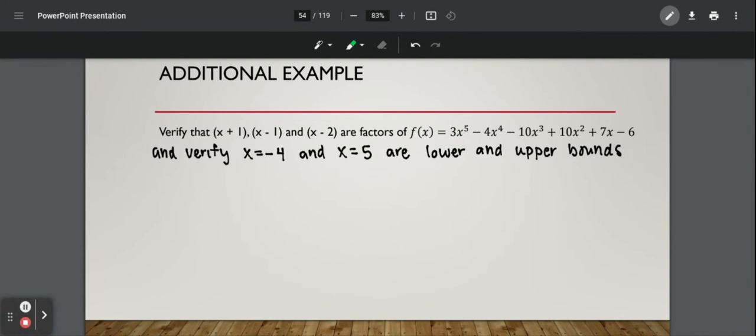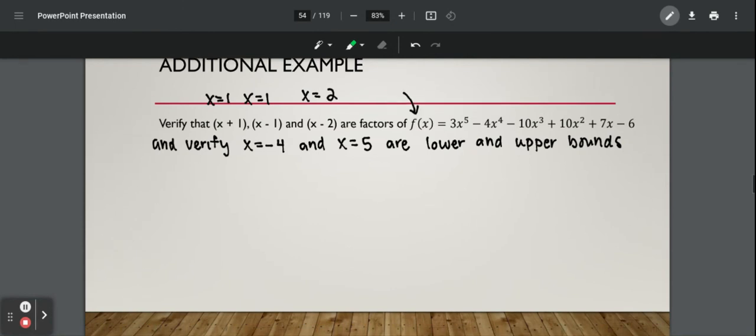First, let's verify that x plus 1, x minus 1, and x minus 2 are factors. Remember, to verify those, we're going to substitute in a -1, a 1, and a 2 into our function and show that we get 0.